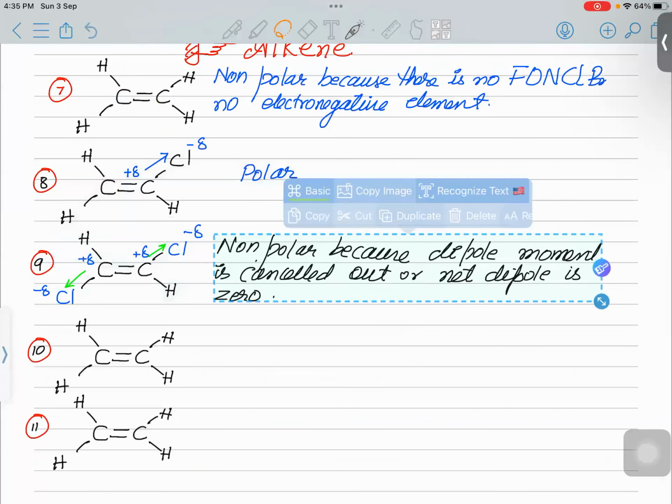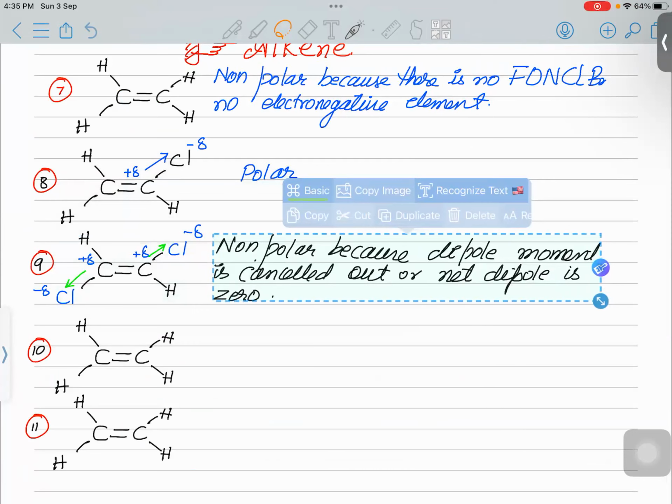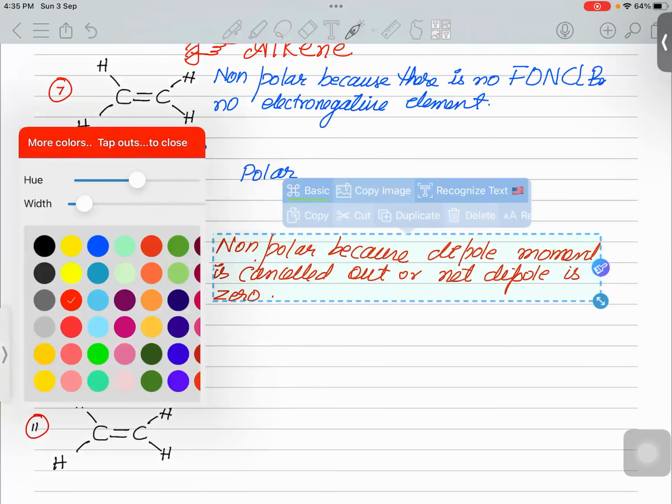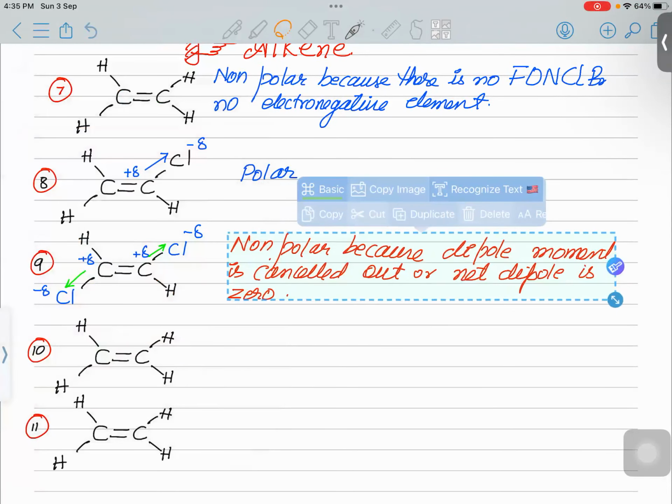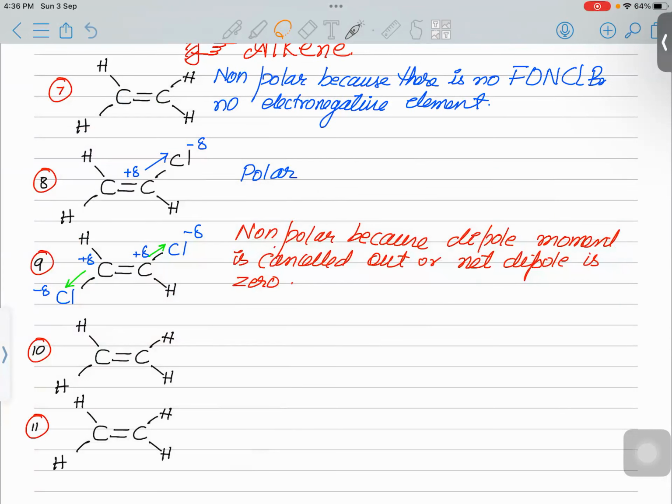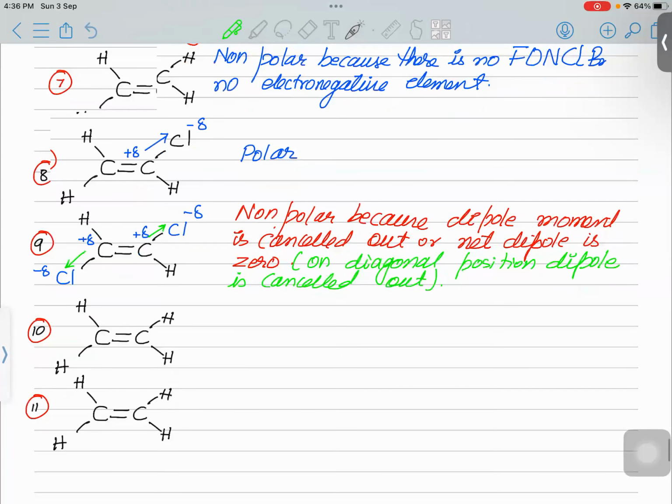Always remember, on diagonal positions the dipole is cancelled out.